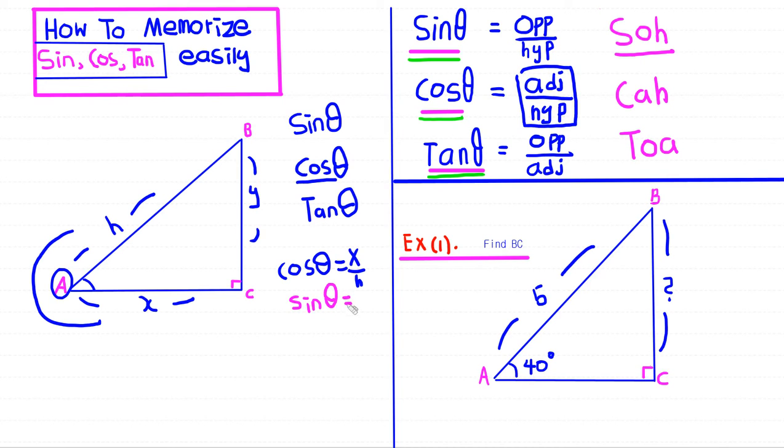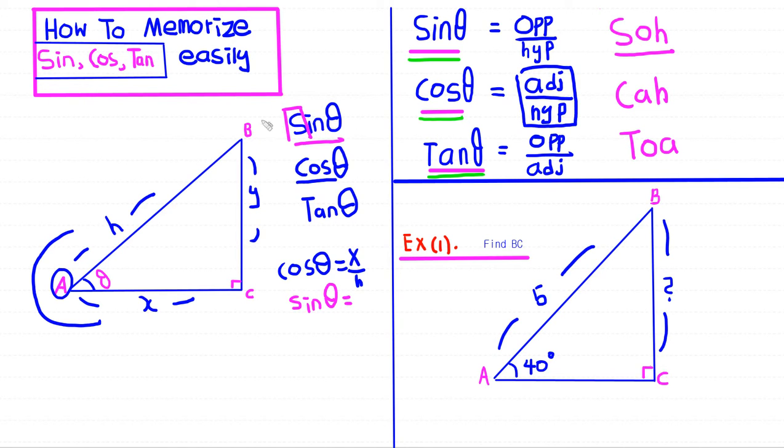And I'll write for sine theta. For sine theta, we are also using the first letter of sine, which is S. If we use sine of this angle A, I'll just call it theta, it is equal to opposite over hypotenuse.